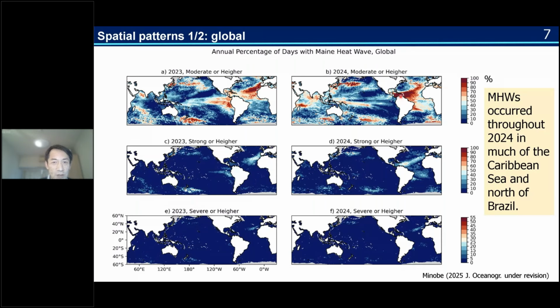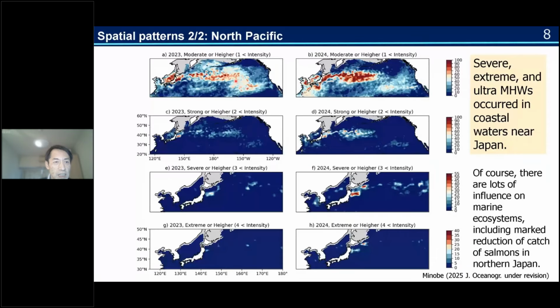In the North Pacific, strong marine heat waves occurred around Japan and the subarctic front, and somewhat separately in the southeastern North Pacific. The more severe ones, severe and extreme, occurred around Japan.